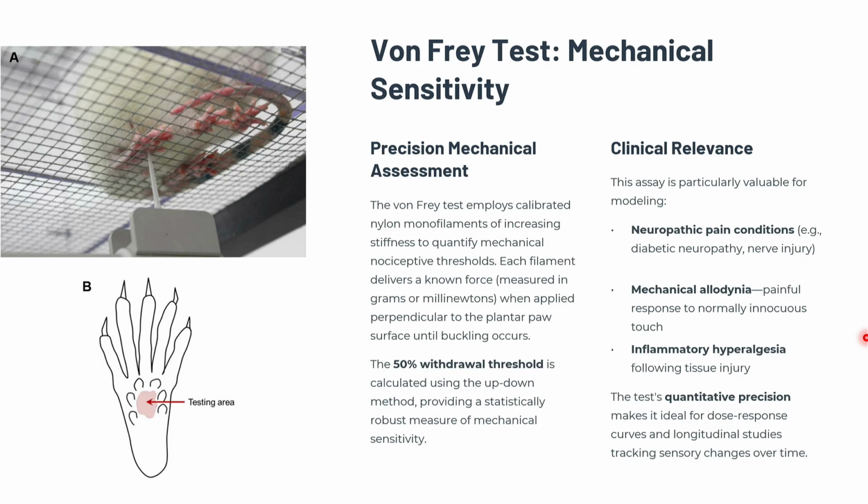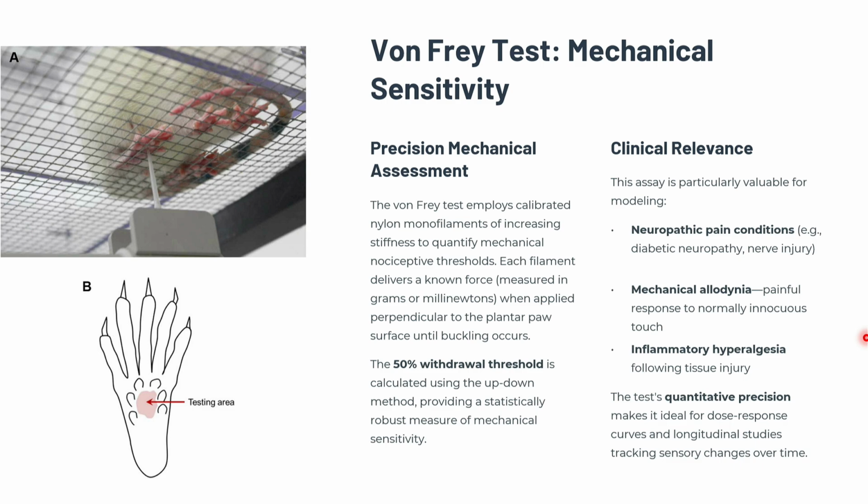And the stiffness of that particular needle keeps on increasing with the passing time. We start with a small pressure, but then we keep on increasing in the following tests. So this is used to quantify the mechanical nociceptive thresholds.